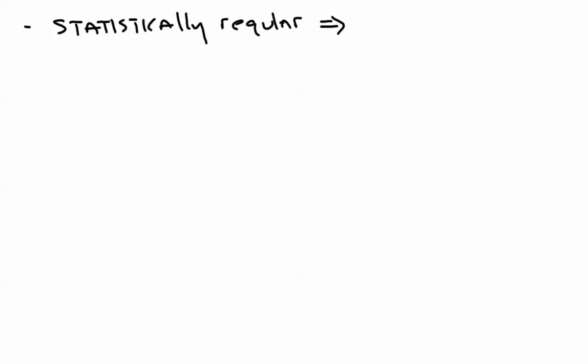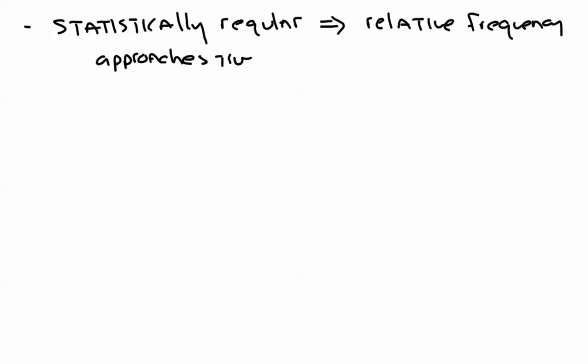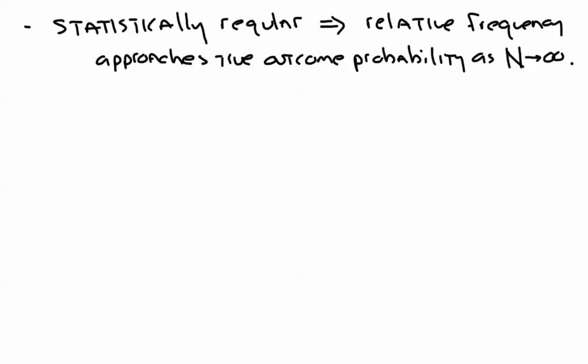Statistically regular means that that limit actually exists.